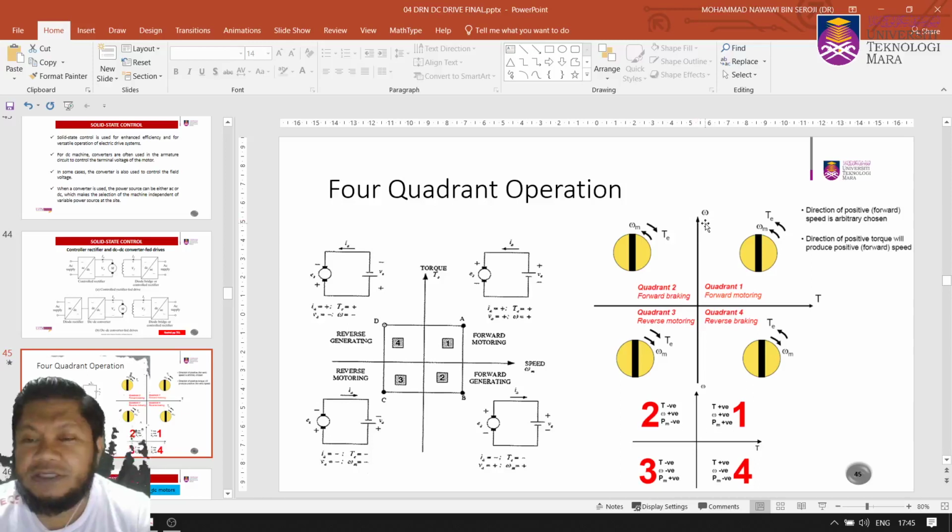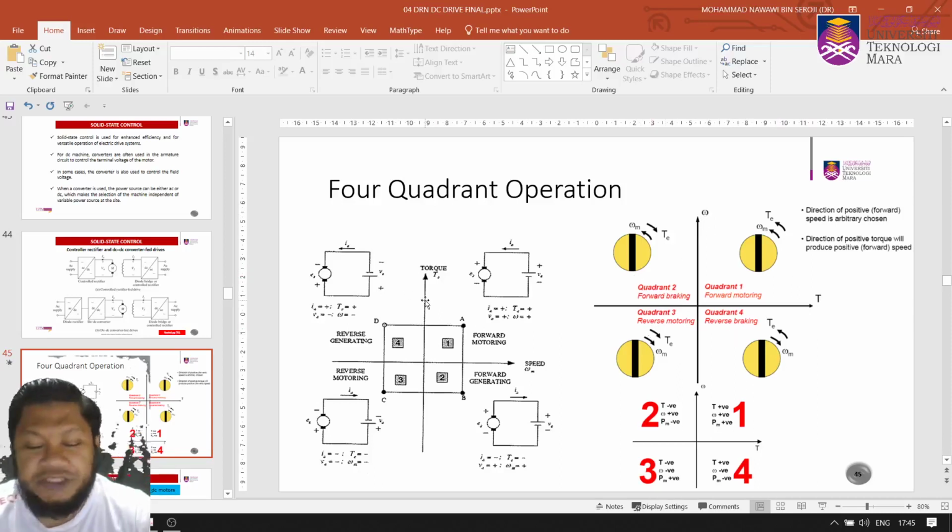The standard characteristic of the axes that we're going to use is omega on the y-axis and torque on the x-axis, and that will give you quadrant 1, quadrant 2, quadrant 3, quadrant 4.